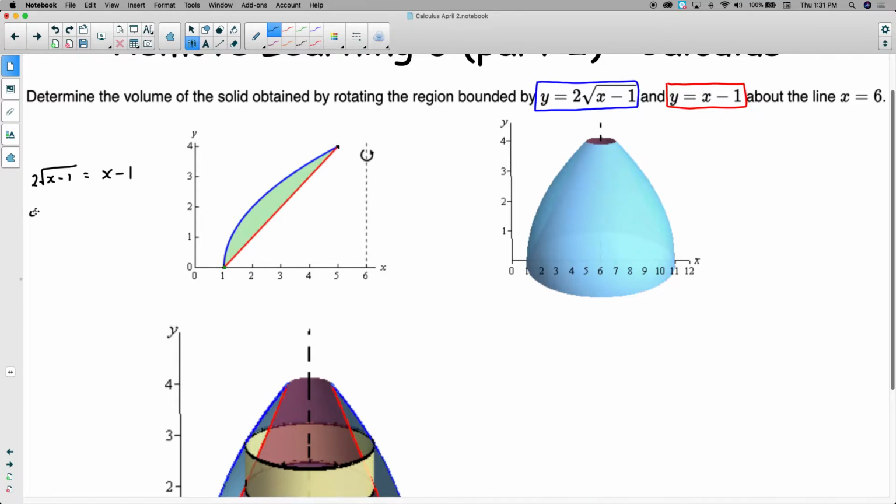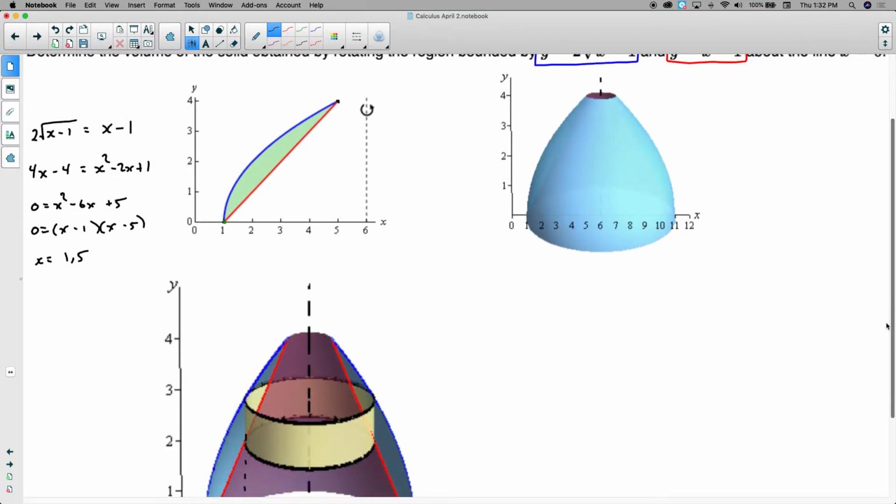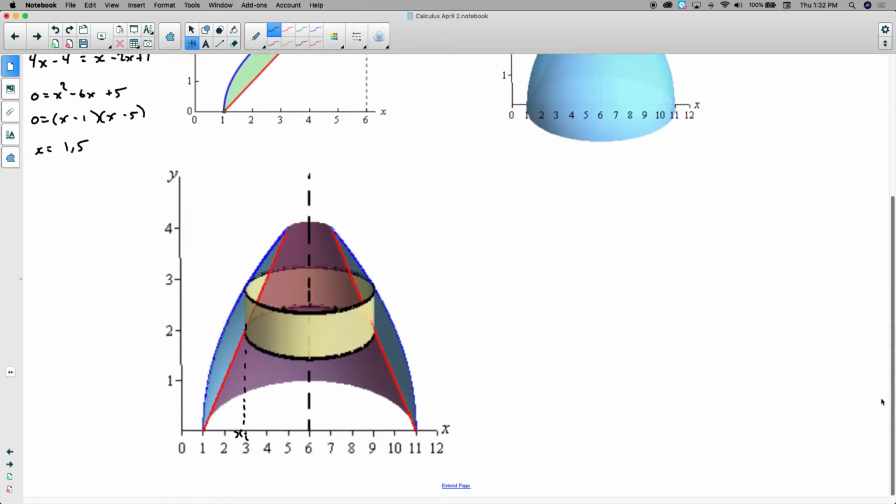Okay, so I'll make quick work of this by squaring this side and squaring this side and bringing everything over here to the right hand side and factoring. Okay, so we can be convinced that our x values are 1 and 5. You can use the red function to see that the heights associated with 1 or 5 are 0 and 4. Okay, so enough of that sort of algebra 1 busy work. All right, let's get back into the calculus.